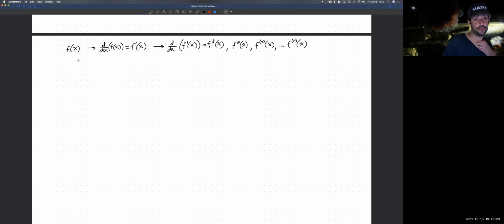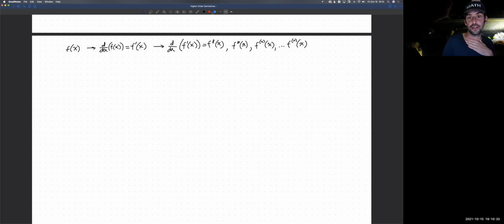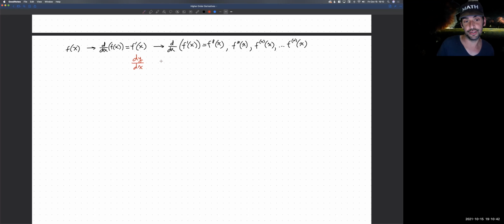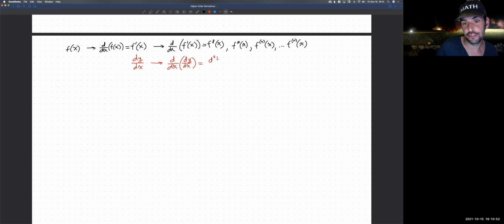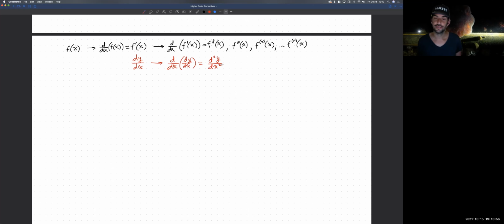Another set of notation, right? We talked about the derivative. Another way to write that was dy dx, right? Well, when we take the derivative, this is a function, so I could take the derivative of this function. And the way we write this is a little bit strange. D squared y dx squared, right?